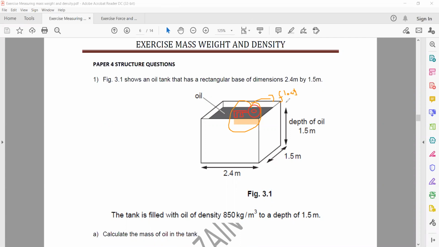So we can say the combined density of the wood and brass key is less than the density of the oil.